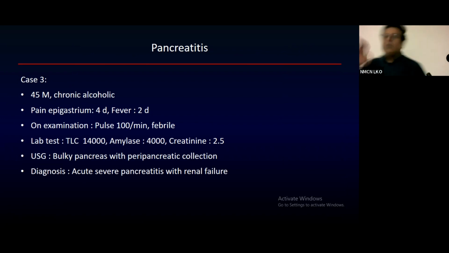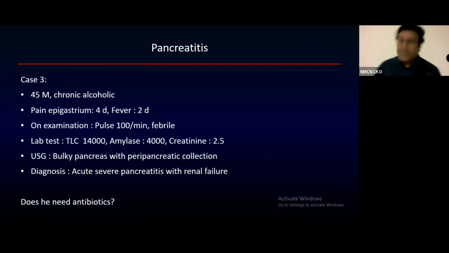Okay, so just need to understand, this patient is on day 4 of pancreatitis. Okay, so day 4 of pancreatitis with features of SIRS, that is systemic inflammatory response syndrome.